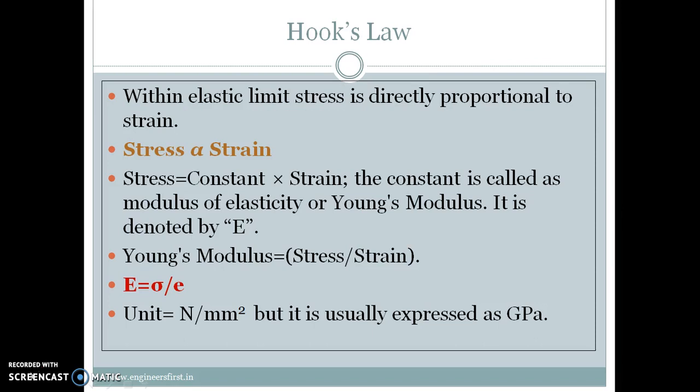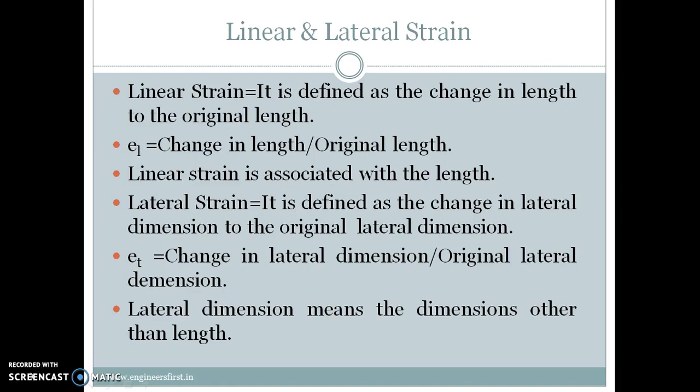The next one is Hooke's law. But before that, let's discuss a very important term, and that term is the types of strength. Basically, like the tensile force, compressive force, and shear force, there are three types of tensile stress, compressive stress, and shear stress.